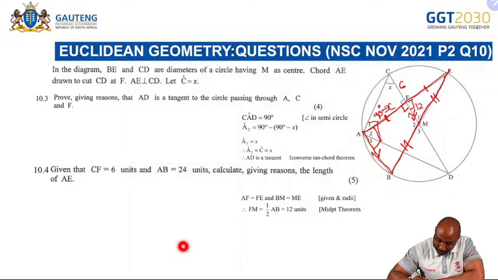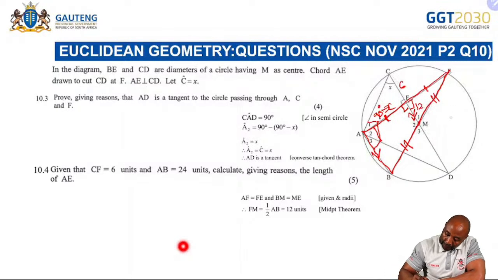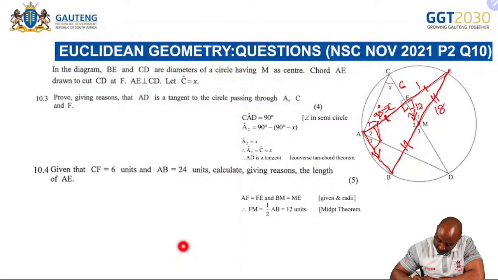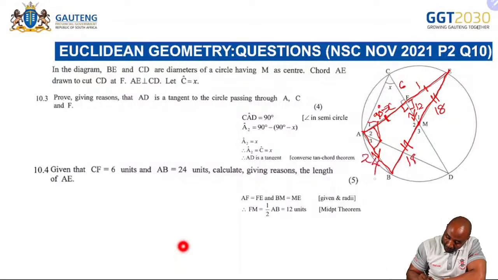We are able to get our CM, which is our radius, as 18 units, meaning our ME, remember this one, AB is 24, so this is going to be 18 units, because our radius is 18 units. So BE is going to be 36, this is 24 as we were given. So from there on, we are able to use the midpoint theorem to get our FM, which we have found as 12 units.